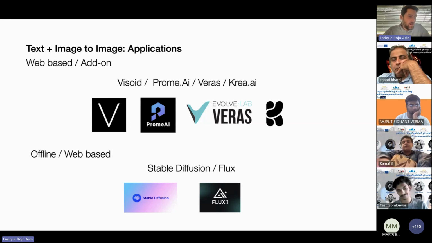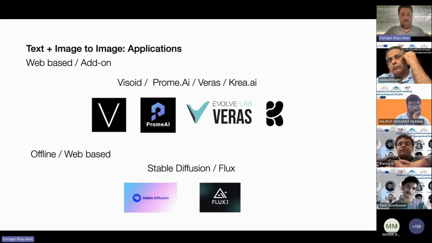Then again, we have applications that are more user-friendly and have sliders instead of these dotted connections and programming, which could be Visoid or PromeAI, Veras, which has already been bought by this big company Chaos, one of the most important companies in 3D rendering, or Krea. But we still have Stable Diffusion or PC-based models with Flux and Stable Diffusion.